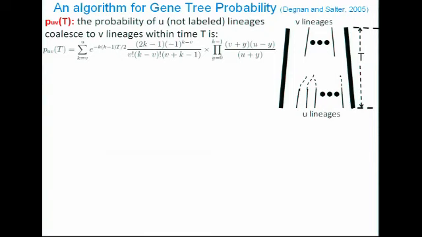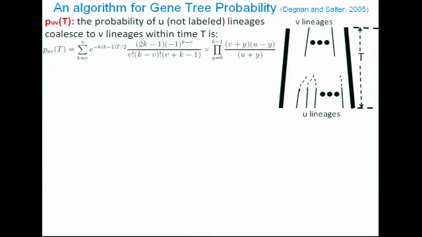Look at this species tree branch on the left-hand side. We have U lineages at the bottom, and then we have V lineages at the top. With the standard coalescent model, the U lineages will coalesce into V lineages as we trace backwards in time within time t. The nice thing about this probability is that it has a closed form formula.